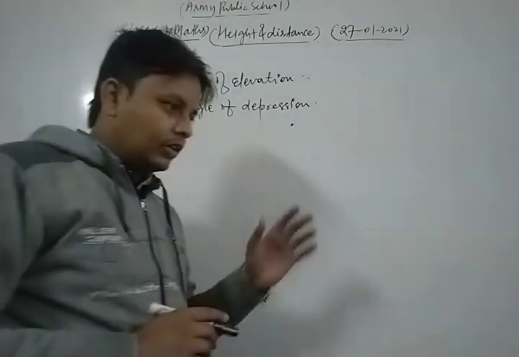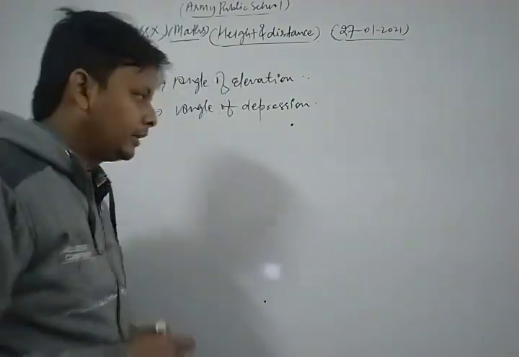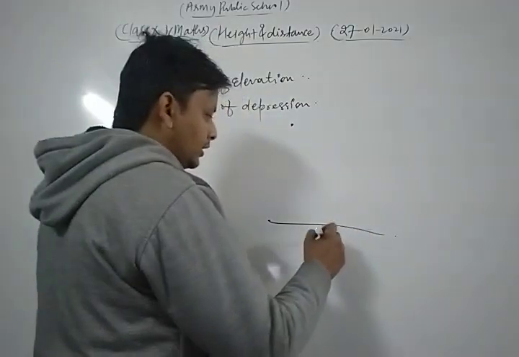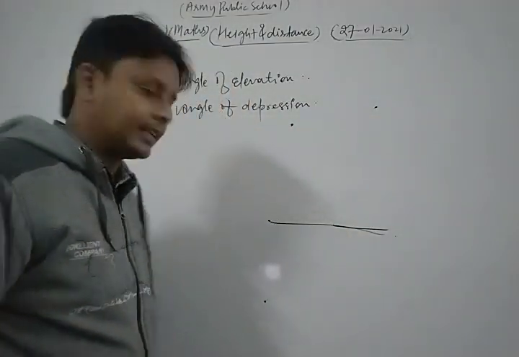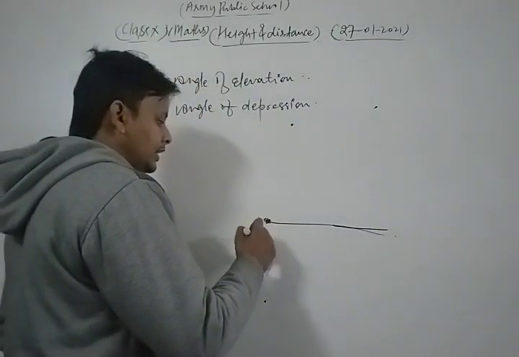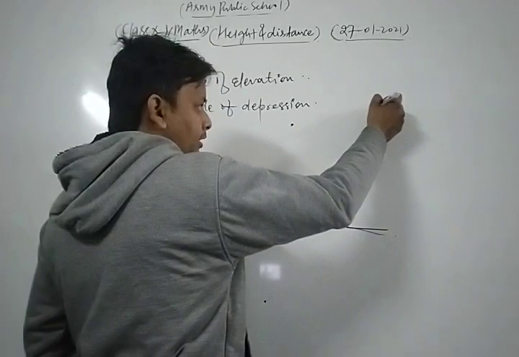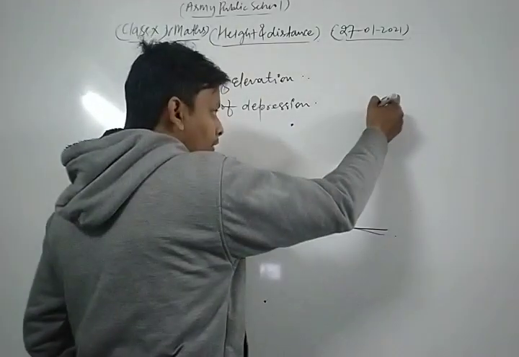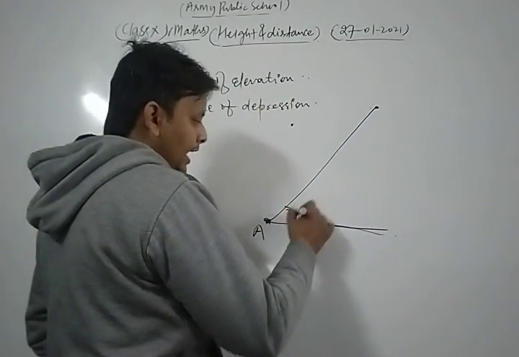Dear students, when the angle of elevation is formed, suppose that from any horizontal surface we observe something, the observer is at place A and sees an object. Then the angle formed by me on that object is known as the angle of elevation.